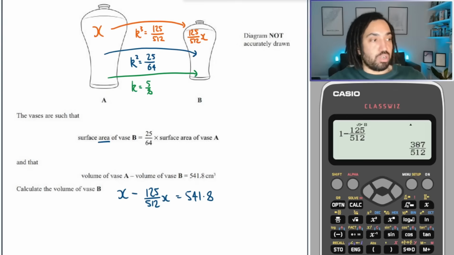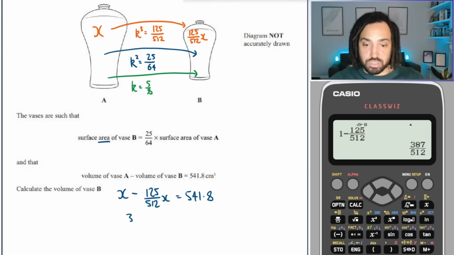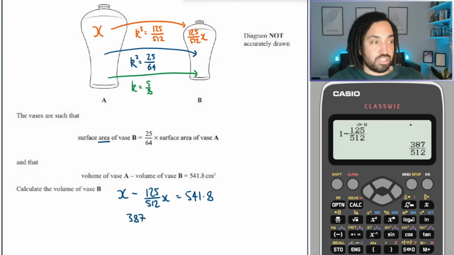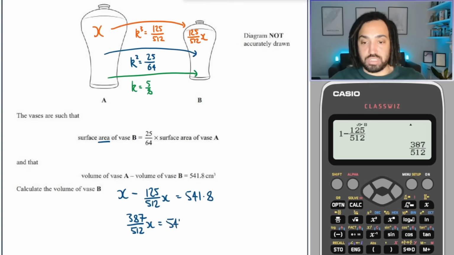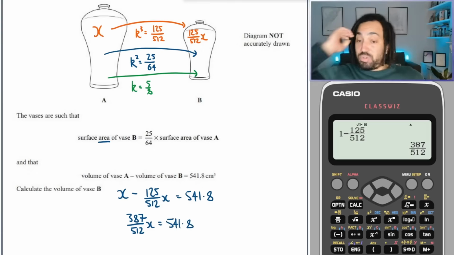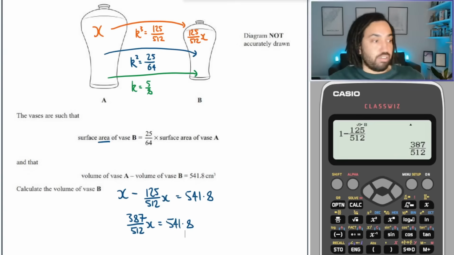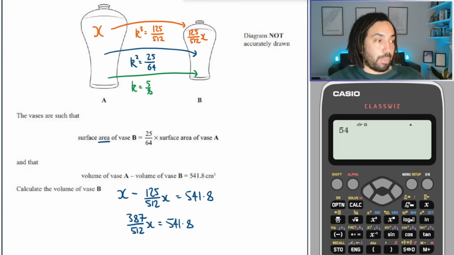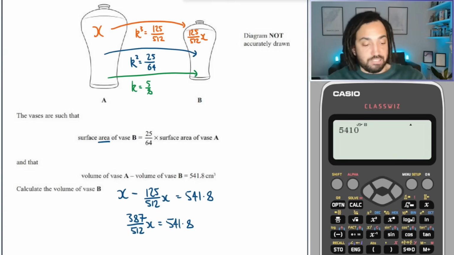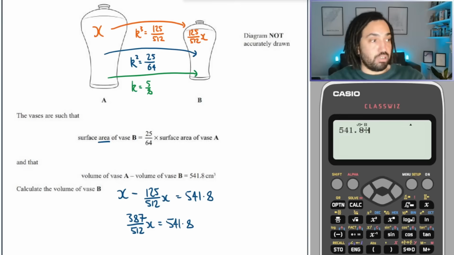So in total, I have 387 over 512 x, and that equals 441.8. Okay, so let's then find out what x is by dividing by 387 over 512.